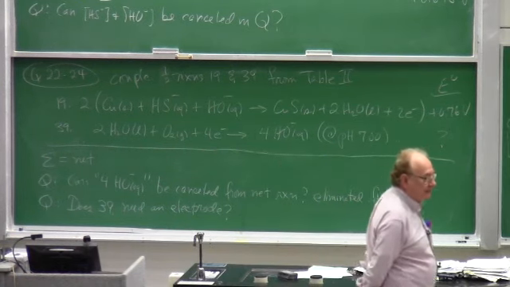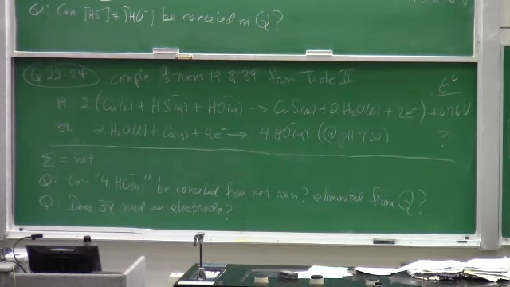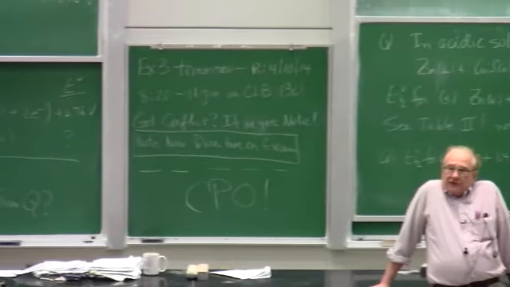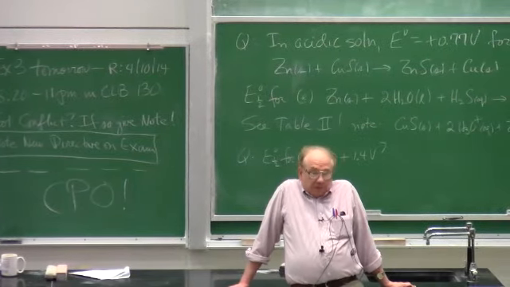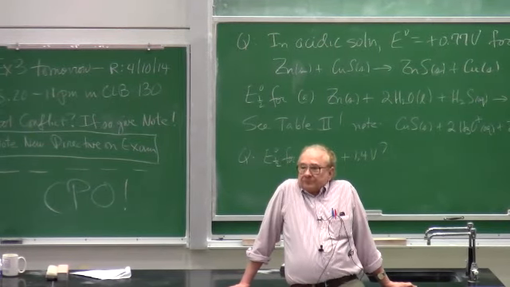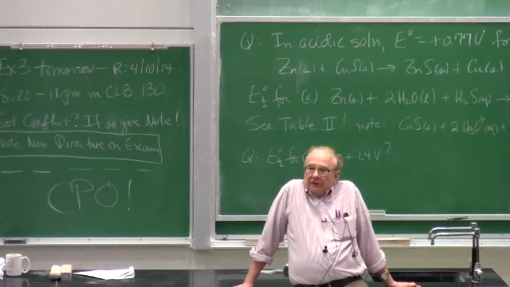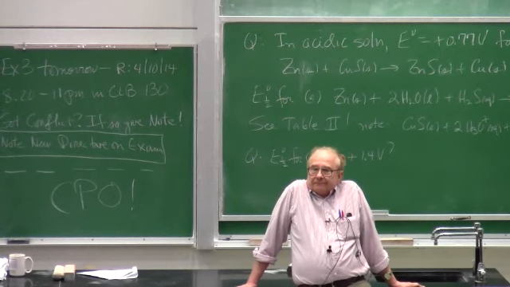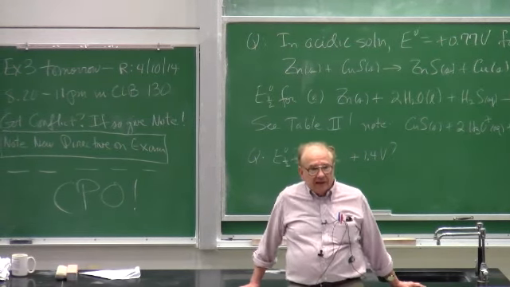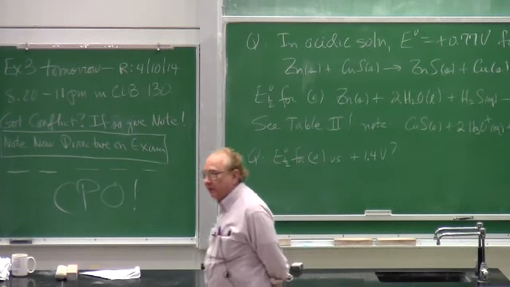There are a couple of other half reactions similar to 39 contained in this table. For half reaction 39, what potential do you see written? Read the value. For half reaction 39, in table 2, what potential do you see cited?